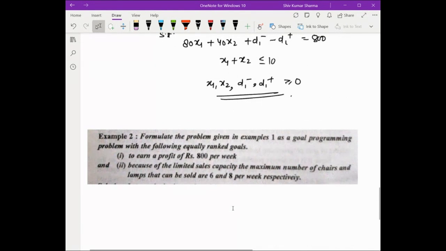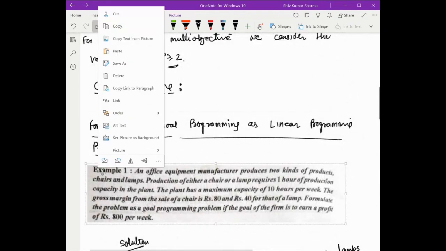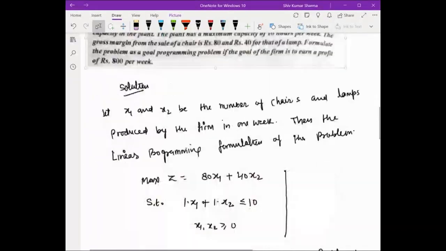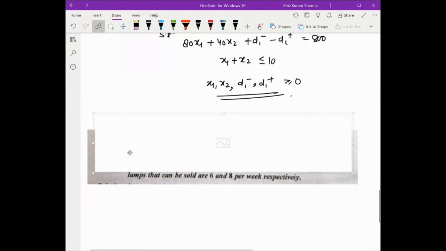Part of the first problem, we formulate the problem given in example 1, that means the previous example, as a goal programming with the following equally ranked goals: to earn the profit of 800 rupees per week. Because of the limited sale capacity, the maximum number of chairs and lamps that can be sold are 6 and 8 per week respectively. So that means same problem, we can copy and paste it again, so we do not write it again and again.